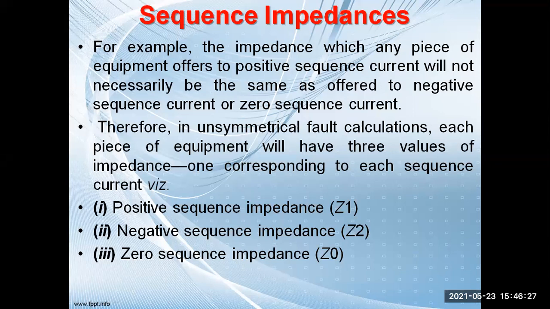Prior to starting this sequence impedance, every network, let us say a positive sequence component or the negative sequence component or the zero sequence component, either it may be a current or a voltage. If there is the existence of the current, obviously there will be existence of the impedance. So impedance will be there, yes or no? If the current is existing, then the impedance will be there.